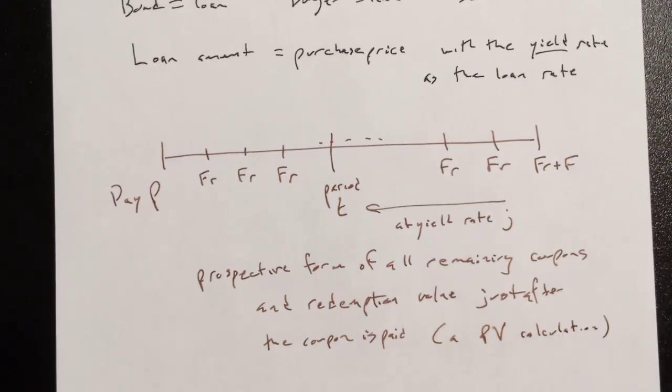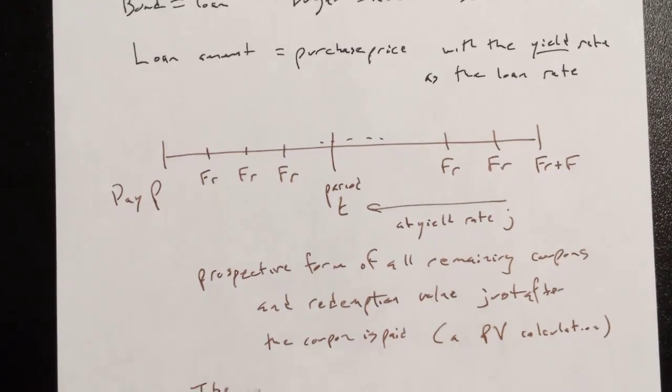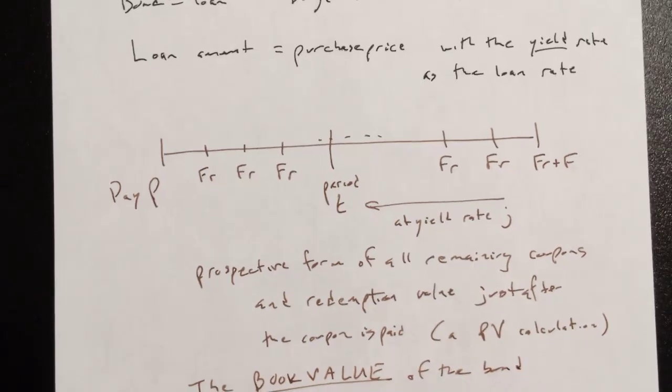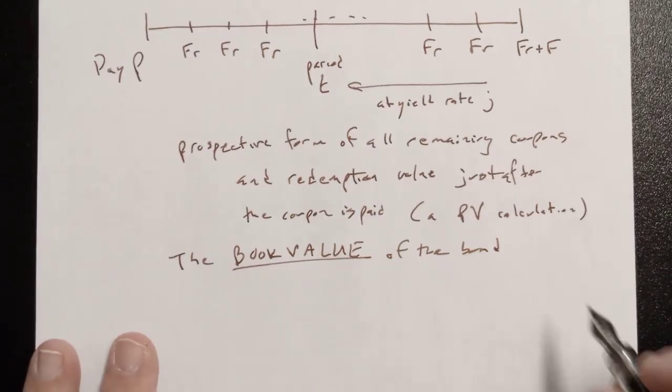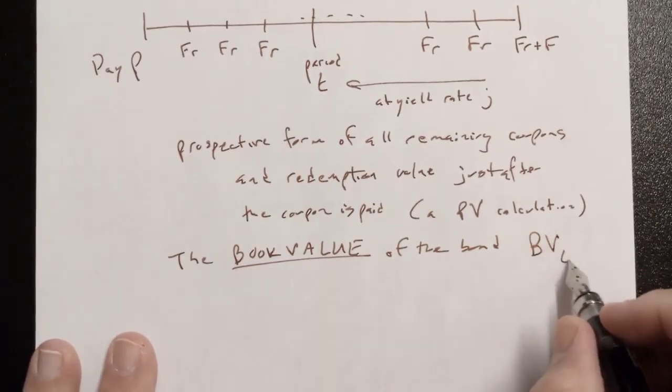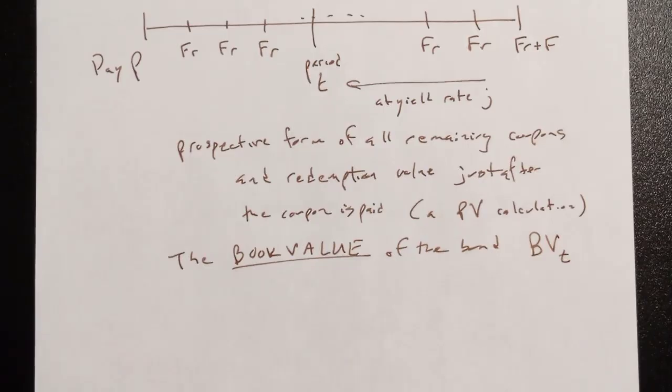And if I do that present value calculation, that's called the book value of the bond at time t. This replaces the OB, the outstanding balance idea in my amortization schedule.